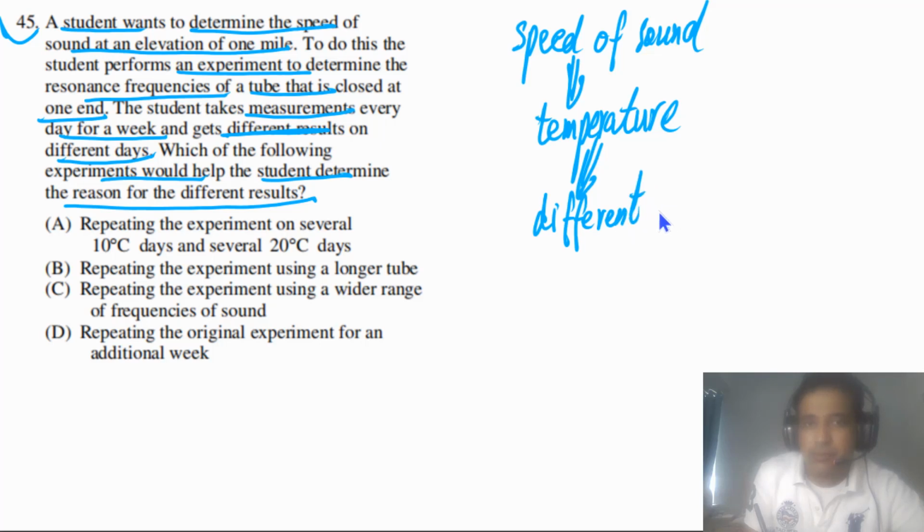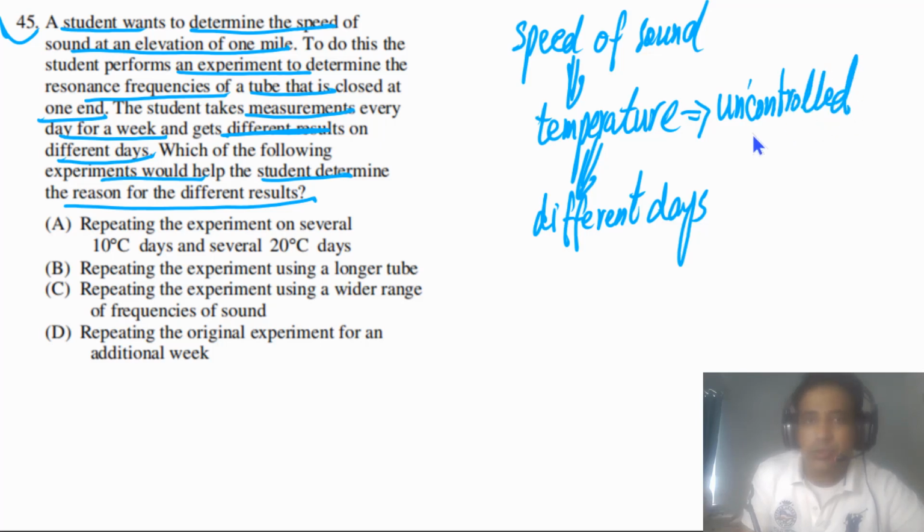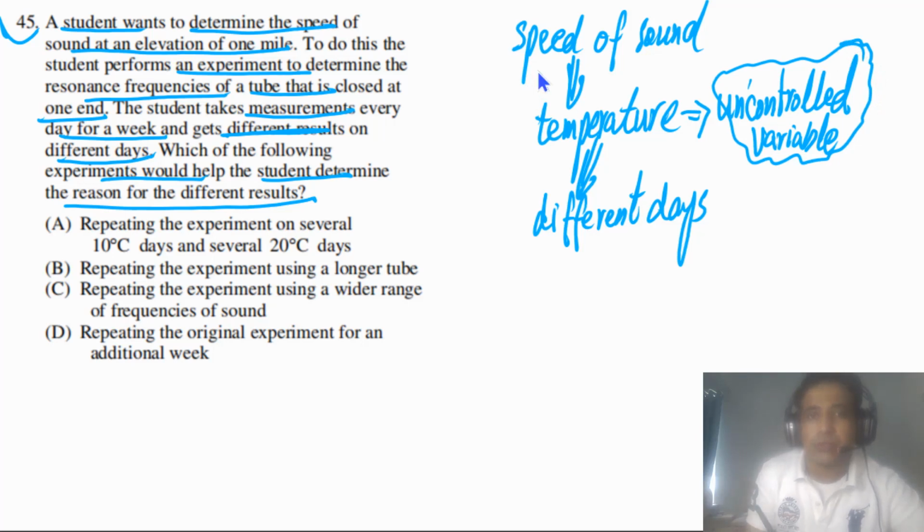So in this case, temperature is an uncontrolled variable. The student is not controlling temperature. So due to change in temperature, speed of sound is different, and that's the reason his results are different.